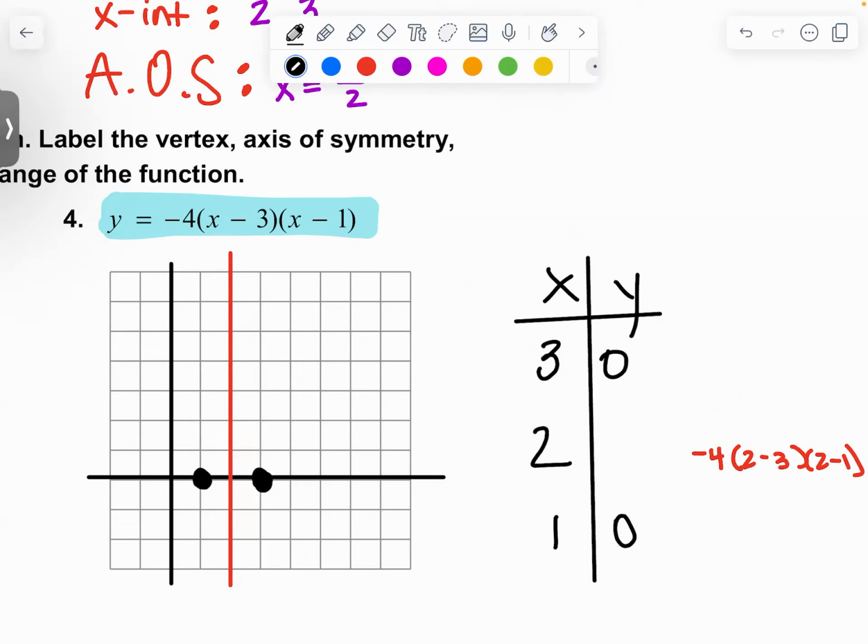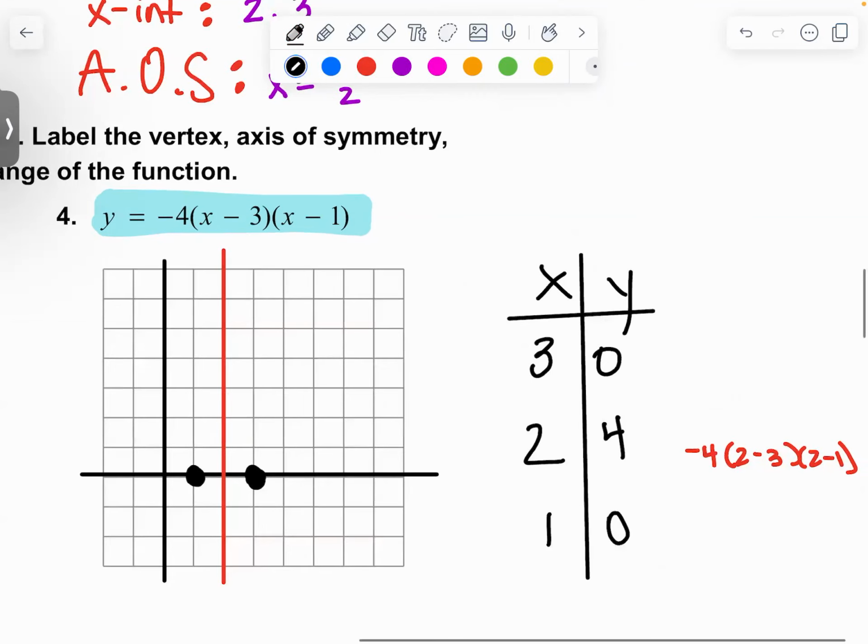Okay, on the count of 3, tell me your Y value. 1, 2, 3. 4. We just all counted to 4. Okay, so let's talk about how it is a positive 4. So this is negative 4. Can you look up here? Negative 4 times negative 1 times positive 1.